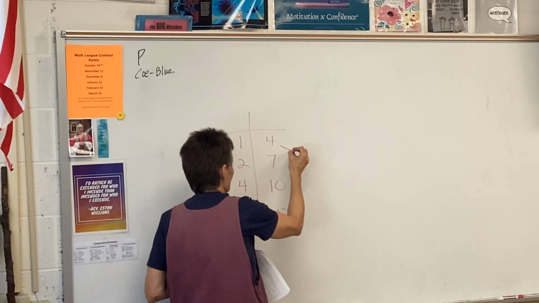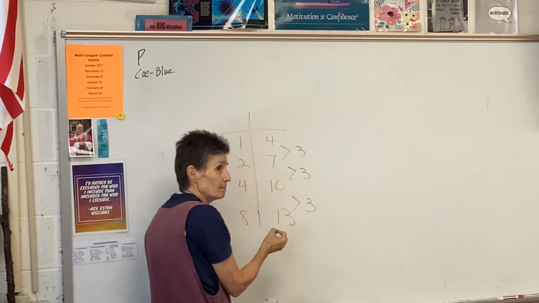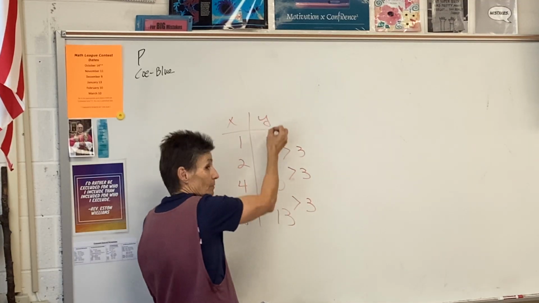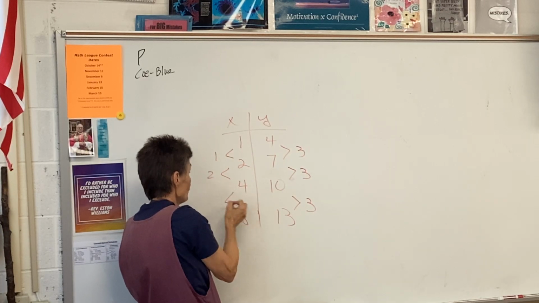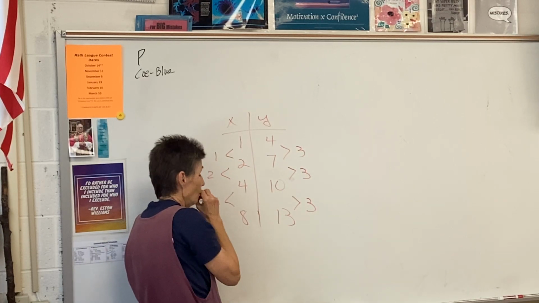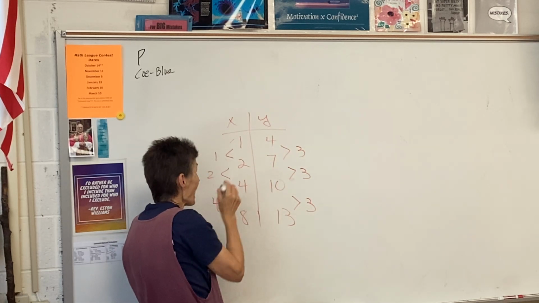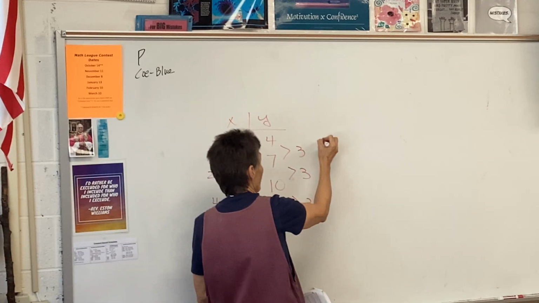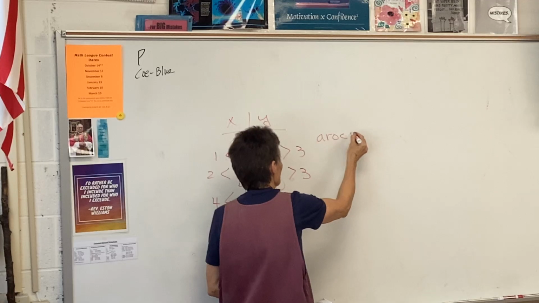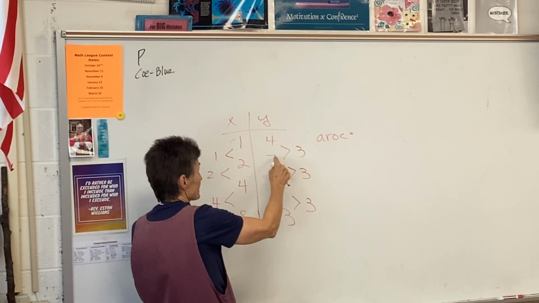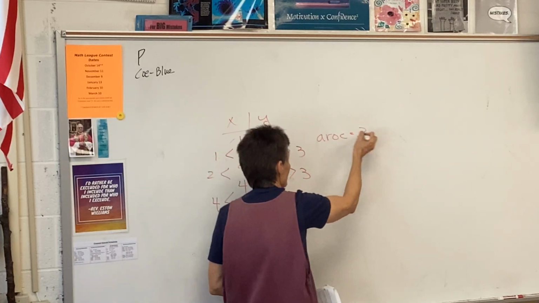So this is 3 and 3 and 3, right? You have the y's. And my x's are 1 and 2 and 4. So for these 2 points right here, the average rate of change, I'll call it the slope, actually I should call it average rate of change, would be 7 minus 4 over 2 minus 1, which is 3 over 1, so it's 3.